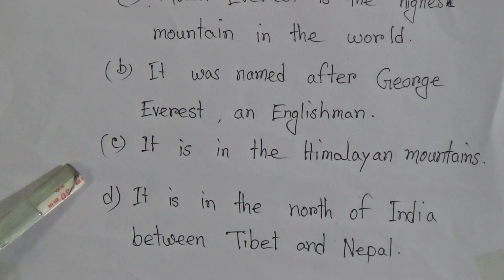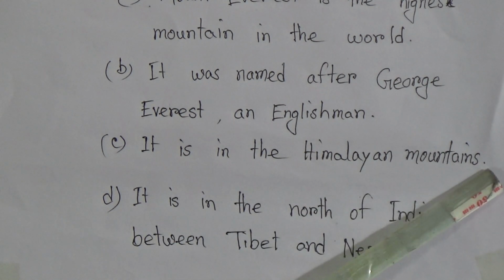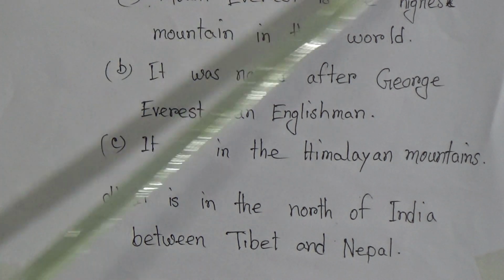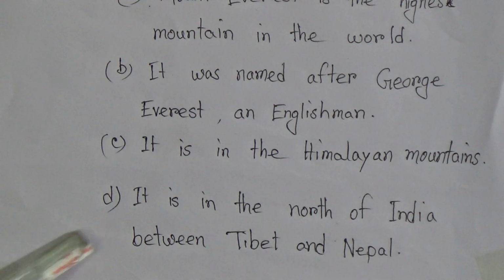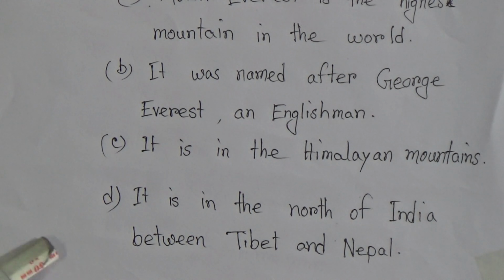Number C, it is in the Himalayan mountains. And then number D, it is in the north of India between Tibet and Nepal. So these are the 4 sentences.